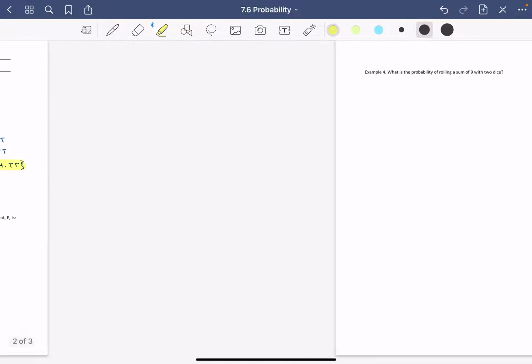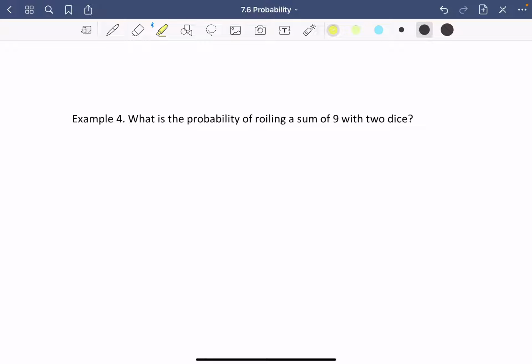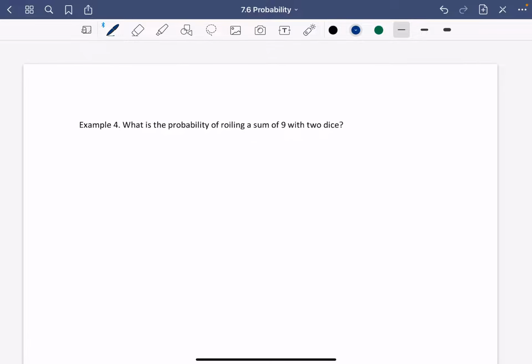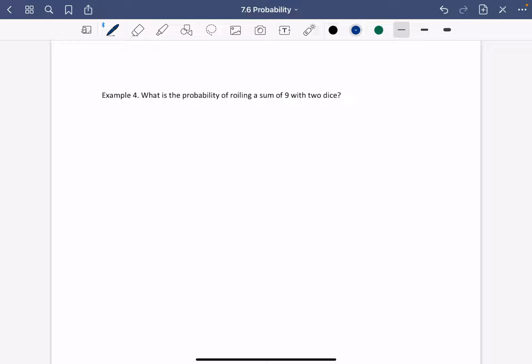All right, next example. What is the probability of rolling a sum of 9 with 2 dice? Well, if I have 2 dice, then let's draw a tree diagram.